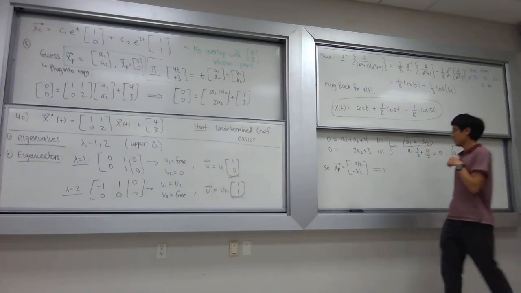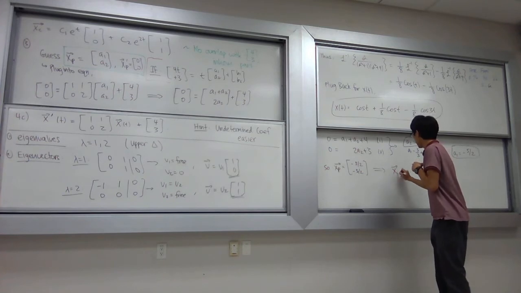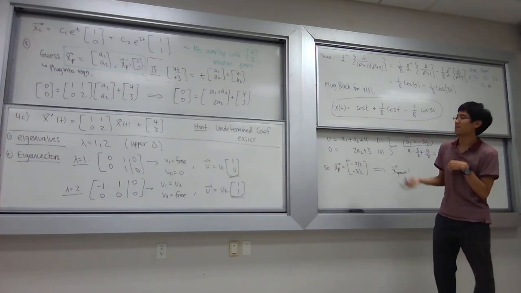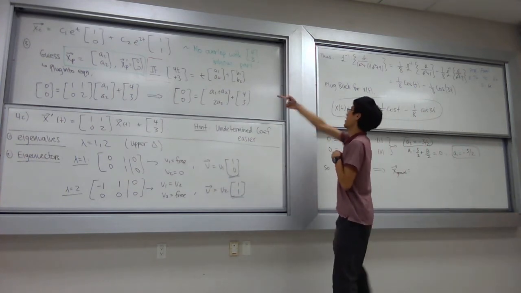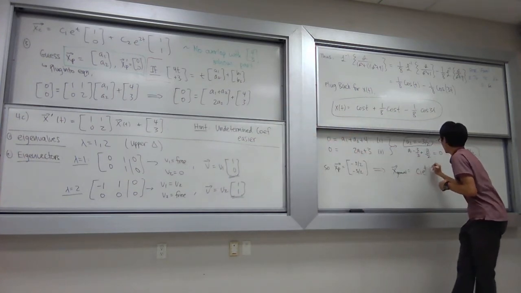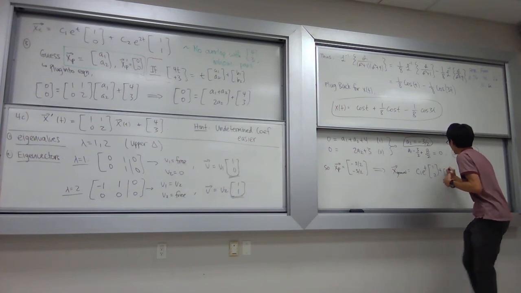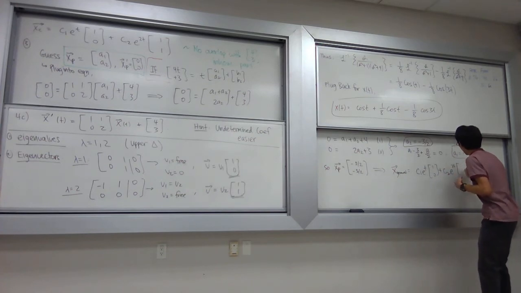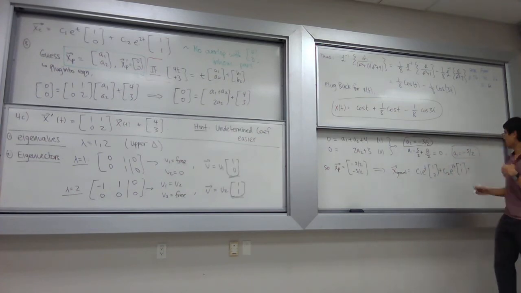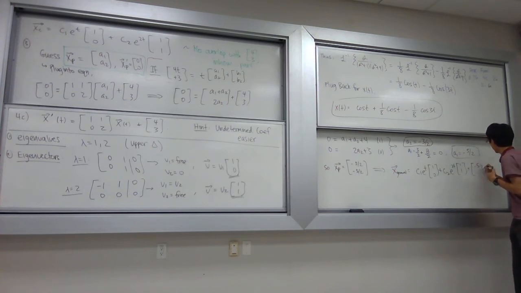Add that to XC. So then the general solution is C1 e to the t times 1, 0, plus C2 e to the 2t times 1, 1, plus this vector. And then that would be your final answer.